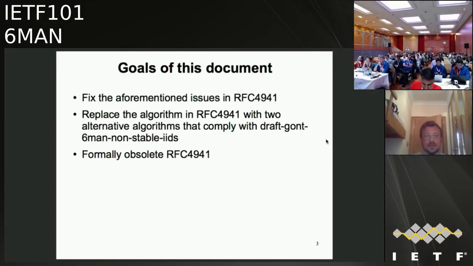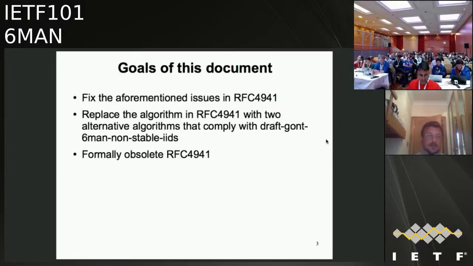So what this document does is essentially try to address the problems that were described in the previous slide. What we did was, when it comes to the algorithm, keep all the text that has to do with when the addresses are generated, the timing, and so on, but replace the algorithm itself that you use to compute the interface ID, for many different reasons.